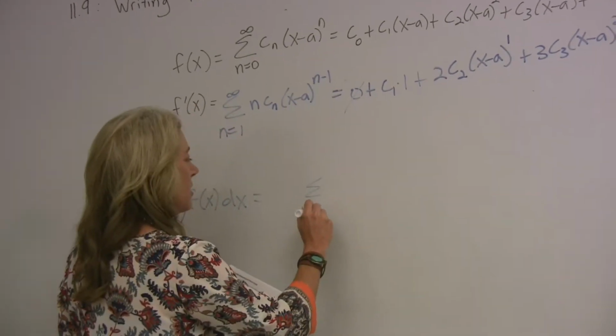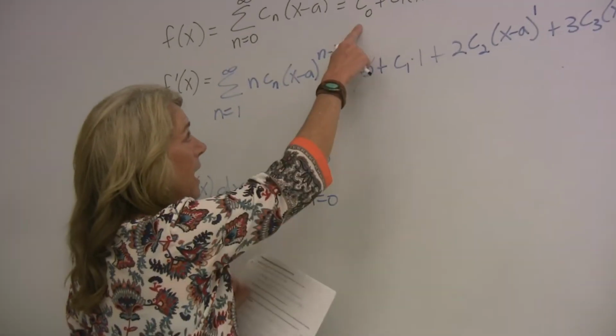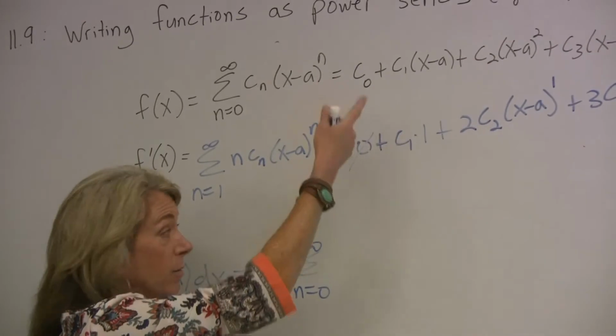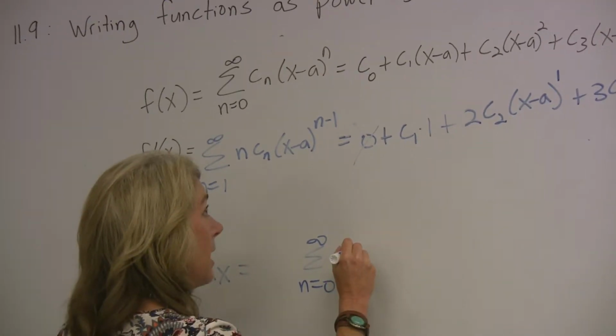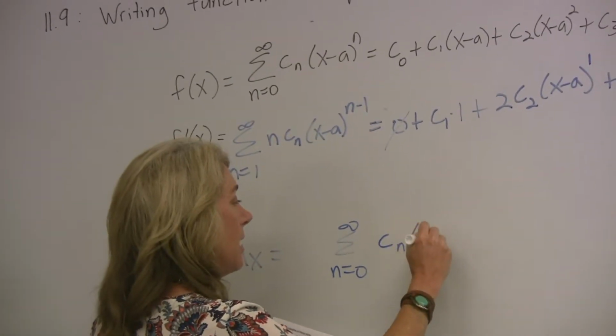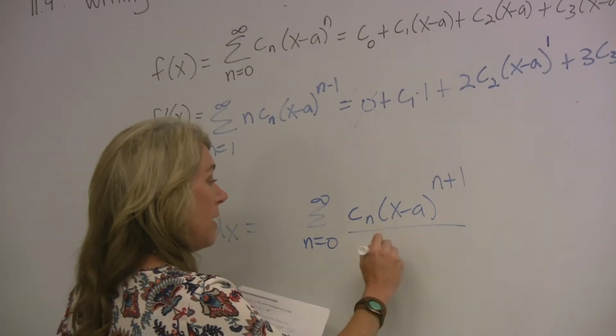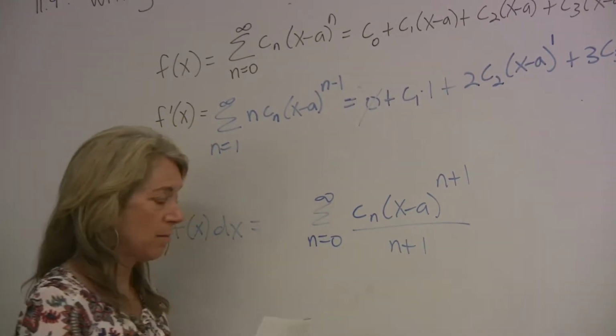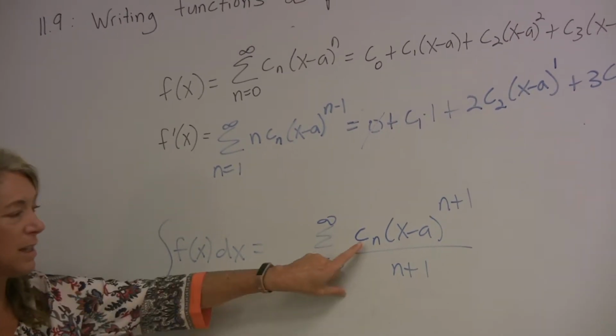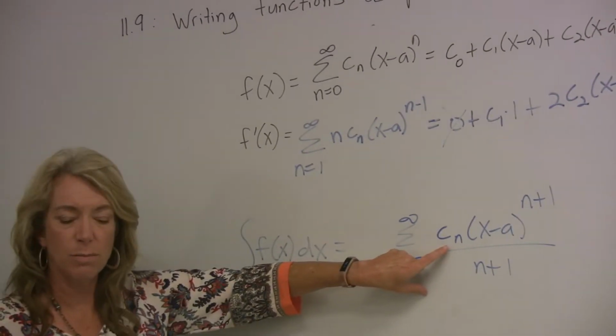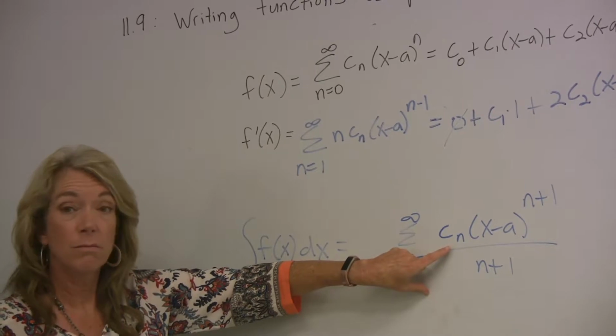I'm still starting at 0, because even that term I could integrate, right? I could add 1 to my exponent. So I take my cn, I have my x minus a raised to 1 more, divided by that. Did I write it in the same format? Close enough. The cn I have off in the front in my notes, but I could put it in the numerator as well.